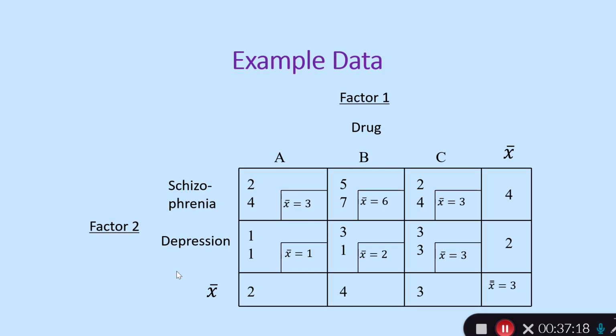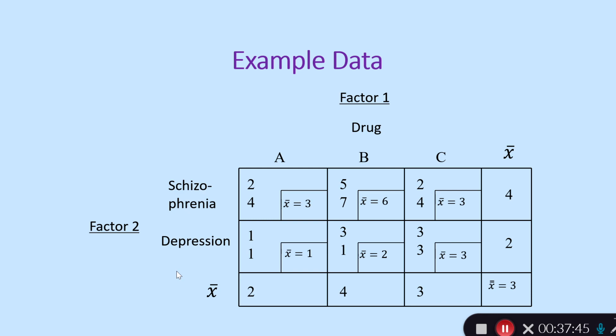Hopefully you can figure out where I'm getting those numbers from. If we take the mean for schizophrenics for drug A, which is 3, the mean for schizophrenics who took drug B, which is 6, and the mean for schizophrenics who took drug C, which is 3, add those three together and divide by 3, you'll find we get a mean of 4. Likewise, for depressives, we have an overall improvement score of 2 across all 3 drugs.